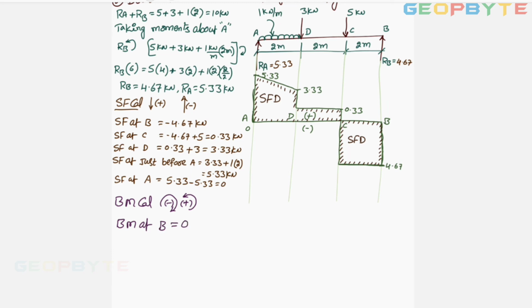0. Very good. Because for a simply supported beam, the bending moment at both ends is equal to 0. BM at B equal to 0. BM at A equal to 0. Here you need not find that X for deciding the maximum bending moment.